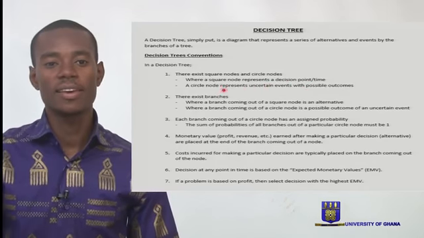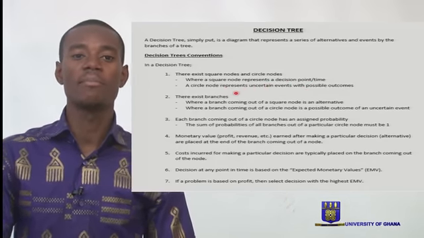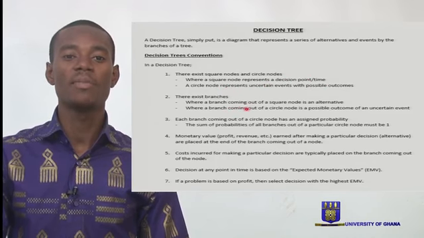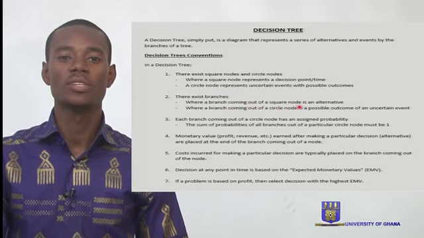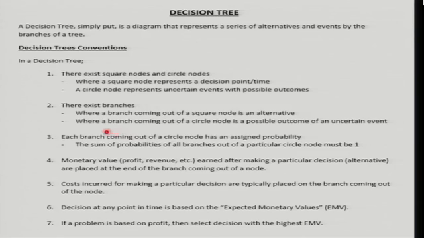Now, there also exist branches, where a branch coming out from a square node is an alternative, and a branch coming out of a circle node is a possible outcome of an uncertain event. Normally for the branches we use arrows.